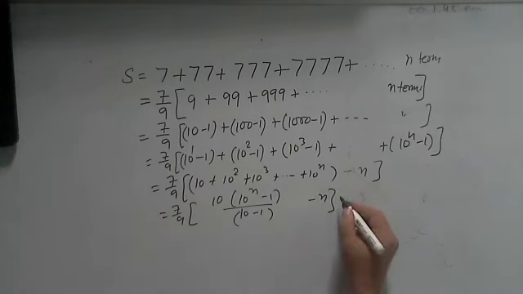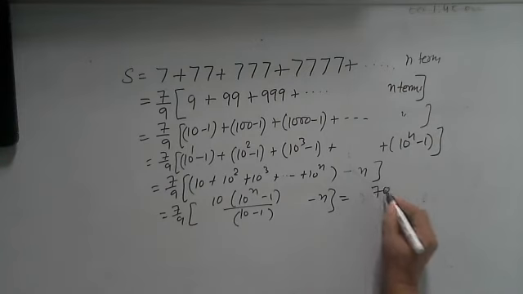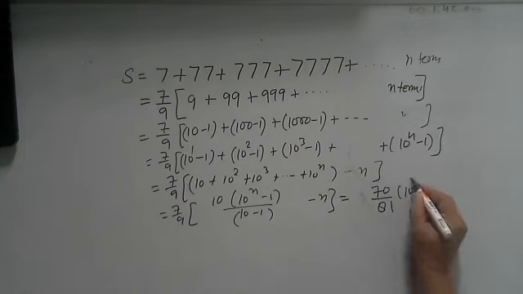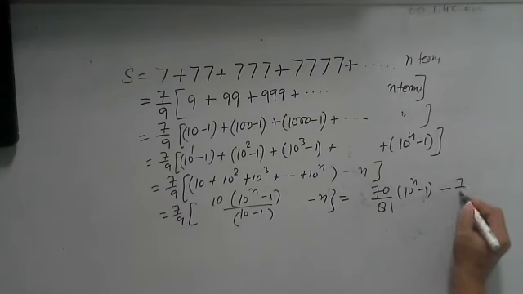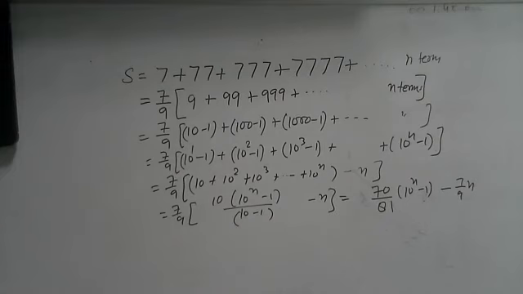So when you solve it, it gives you 70 upon 81, here 9 into 9 is 81, into 10 raised to the power n minus 1, minus 7 upon 9 into n. So this is the sum of n terms of this particular question.